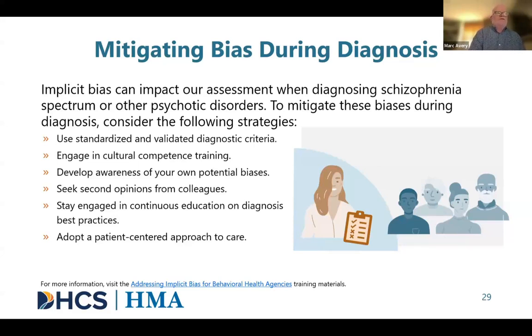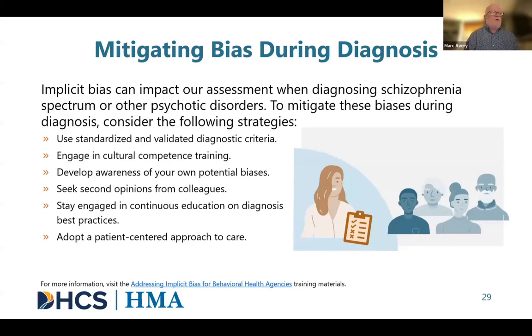They include, first of all, using standardized diagnostic criteria that we apply to all persons. Clinicians who do psychiatric diagnosis, in most instances, complete cultural competence training. It's also important to be aware and self-reflective of your own potential biases and how they might affect your judgment with an individual case.